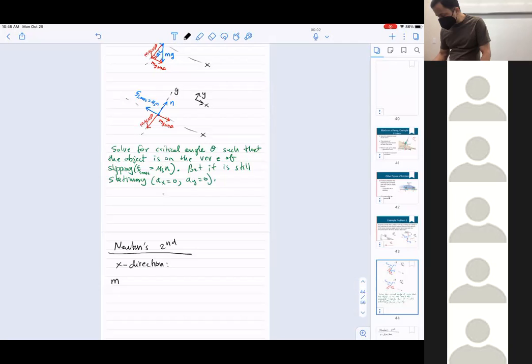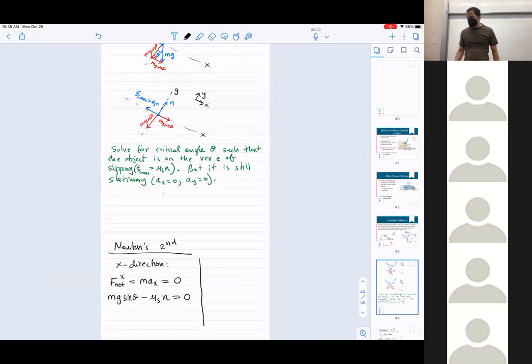I get mg sine theta minus mu s n has to equal 0 because the net force is 0 for 0 acceleration. To be a bit more explicit here, F net x is equal to mass times acceleration in the x direction, which is 0.